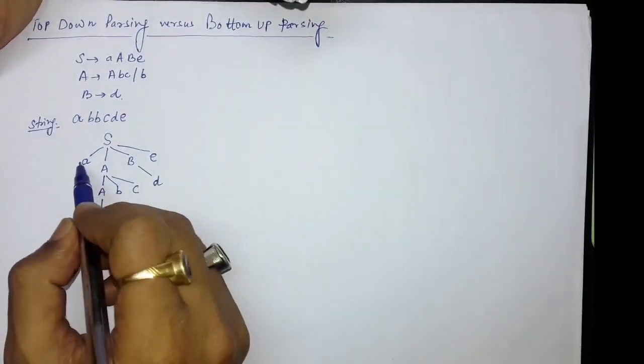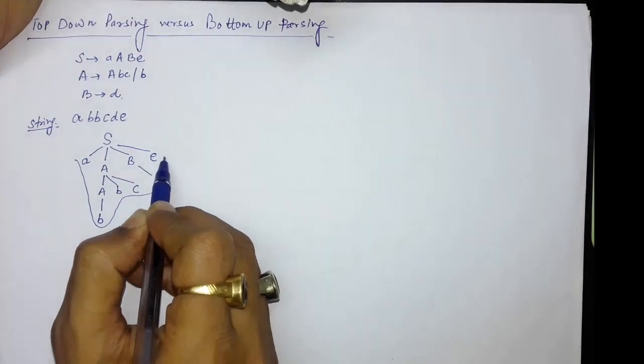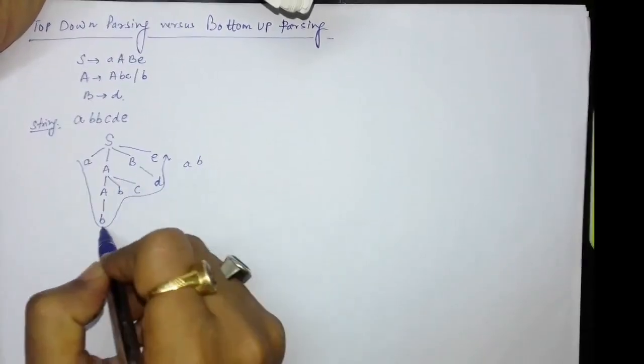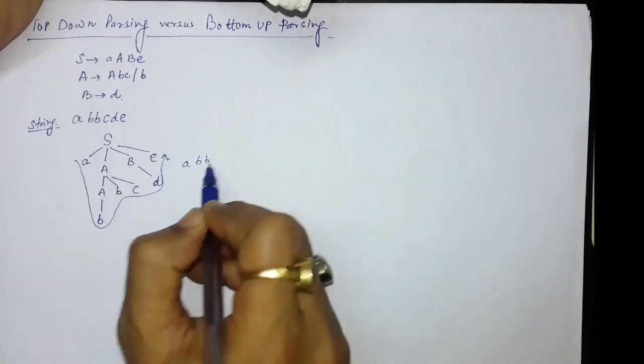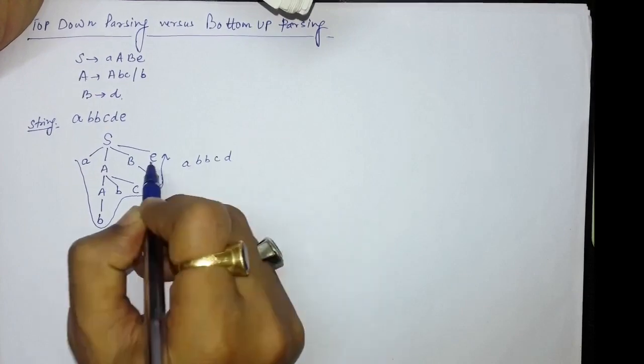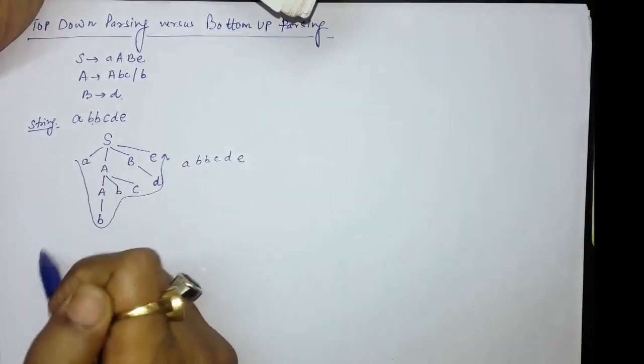So let's see what string has been derived: a, b, c, d, and e. So a, b, next is c, next is d, and next is e. So this is the same as the string that we wanted to actually derive.